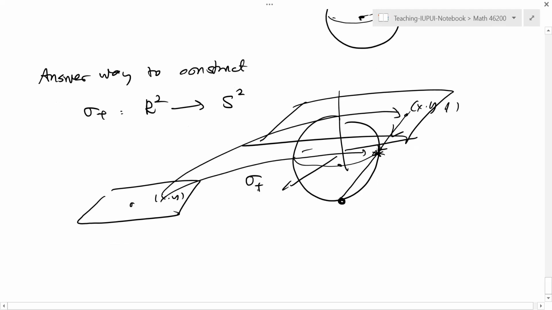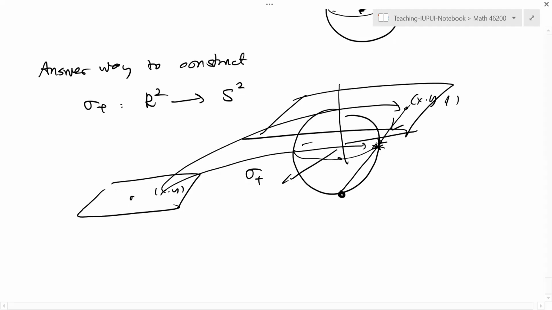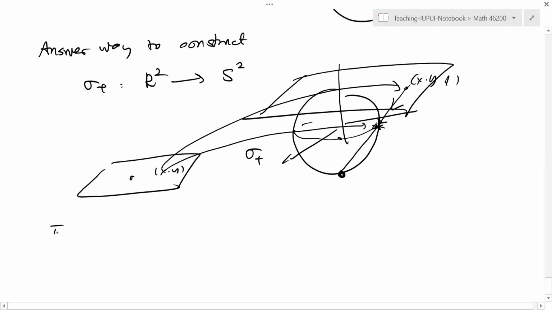There are many ways to parameterize this sphere. You cannot parameterize the whole sphere, but you can parameterize most of it. So first of all, the image of sigma plus is going to be the whole sphere minus the source pole. The source pole is (0, 0, -1), I think.